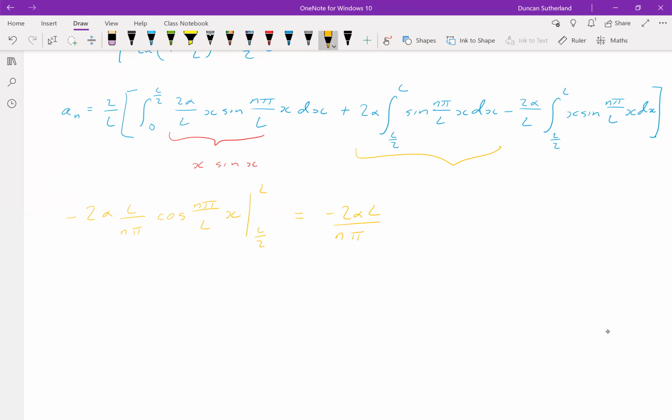When we sub in L, we're going to get cos of n times pi, which is 1. When we sub in L on 2, we're going to get n pi on 2, which for cosine is 0. All right, so the yellow part of this integral gives us 2 alpha L on n pi.